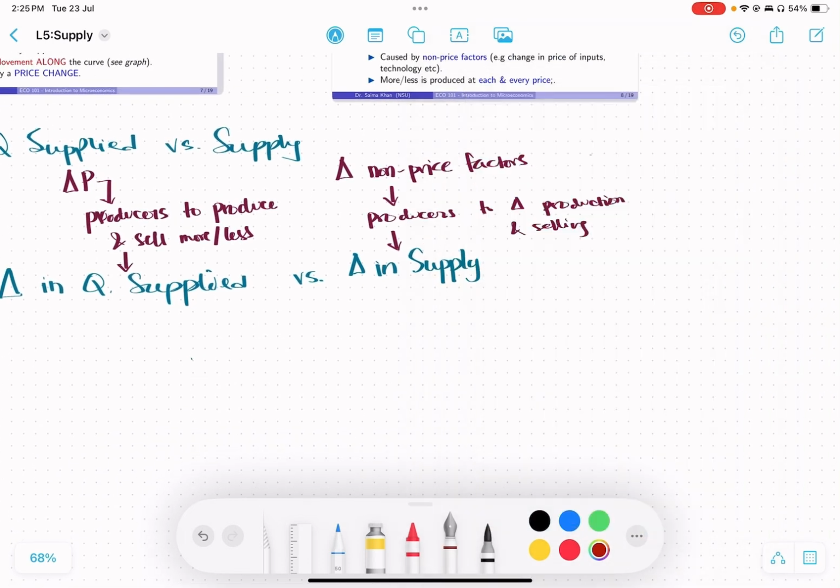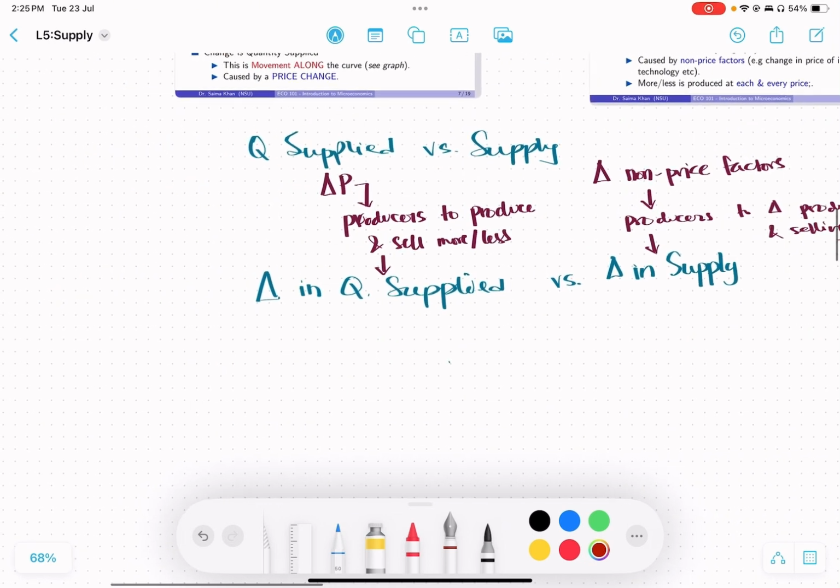So in the first scenario, the price of the good actually remains constant in the second, and in this particular scenario, it's the non-price factors. Those are the things that remain constant or unchanged.